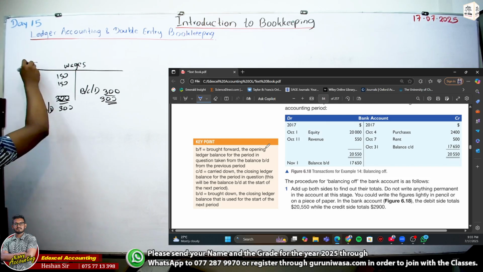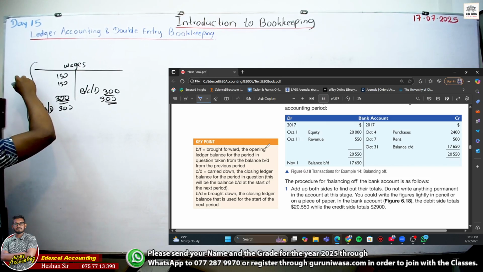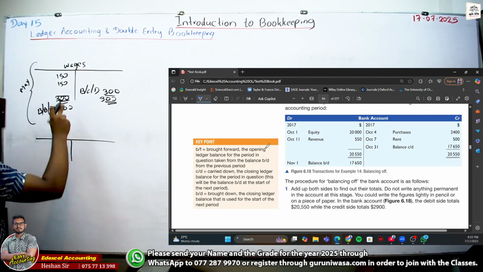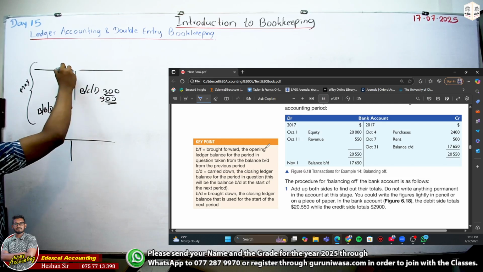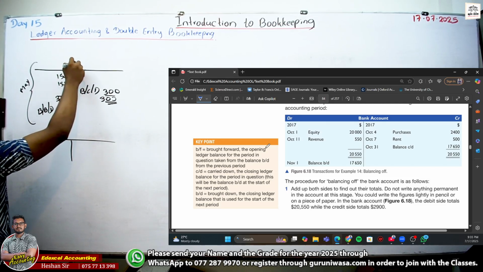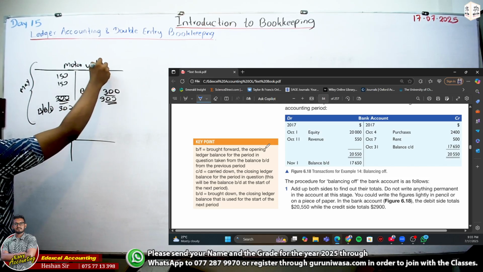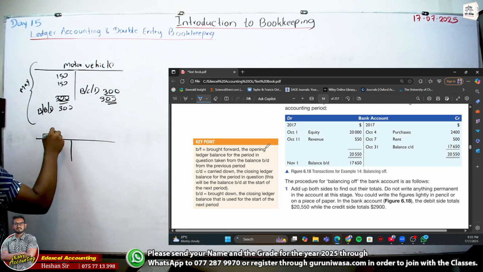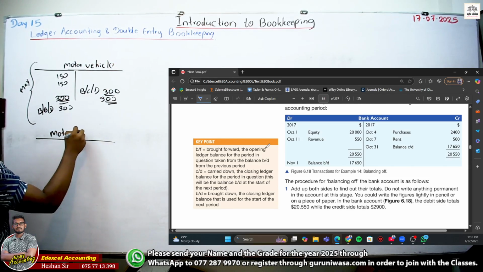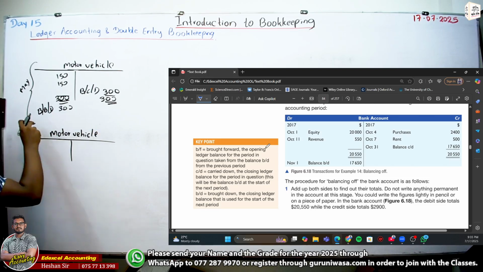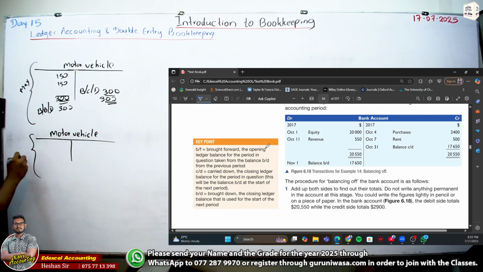Now think this is the month of May. When it comes to the month of June, let's take the motor vehicle account. In the next month, at the starting date, we take the last month's closing balances. So we take balance brought forward 300.